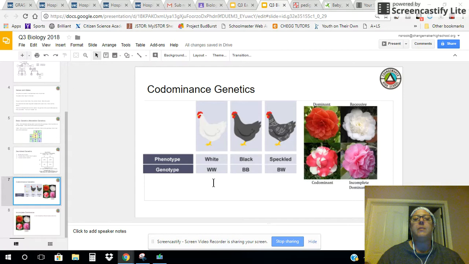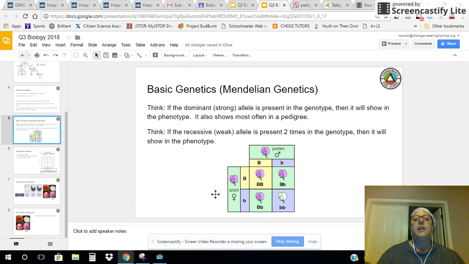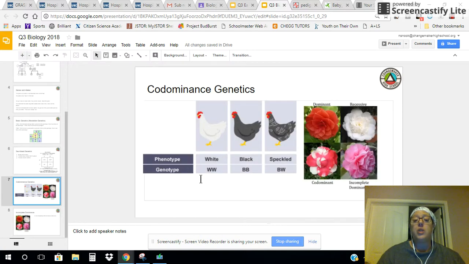So we don't use the same letters that we did back here in the Mendelian genetics, where we use the same letters where the dominant and a recessive trait. In codominance, both traits are dominant. So on the white, we have WW, and on the black, we have BB. So when they mate and they form an offspring that is speckled, the trait becomes BW. They're seeing the black and the white in that third chicken.